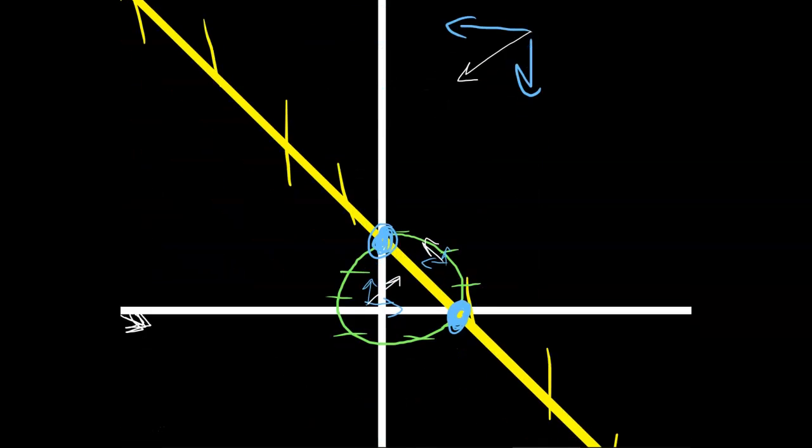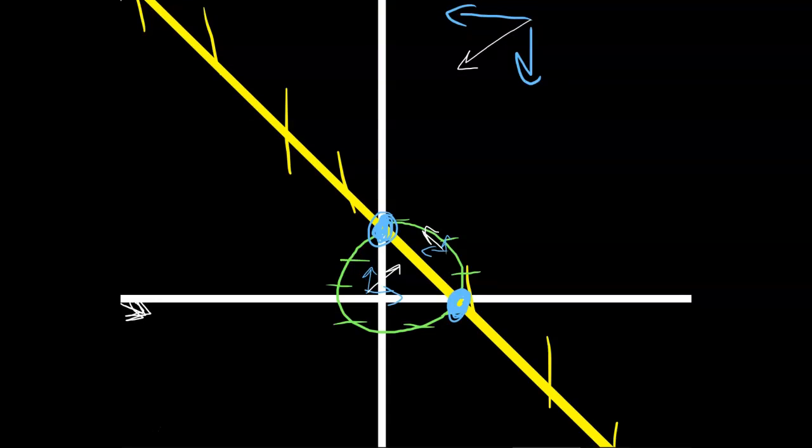It's also good to consider the points on our null lines as well. If you are on this yellow line, the vectors are vertical, but are they pointing up or are they pointing down? Think about that.